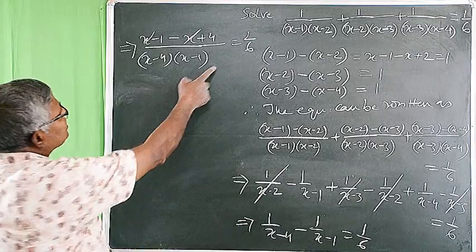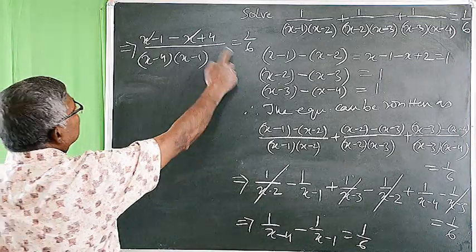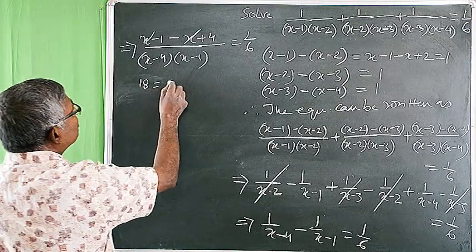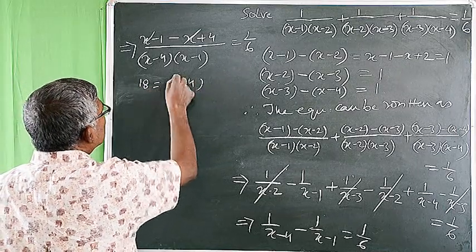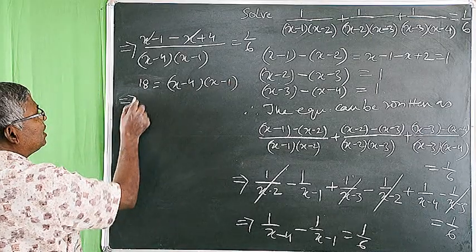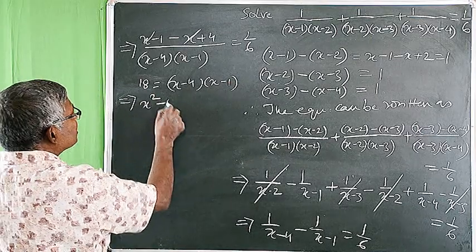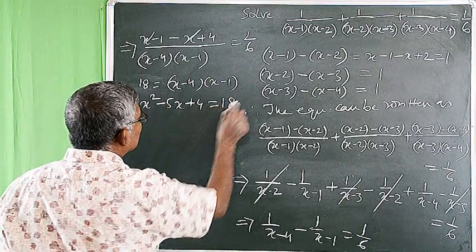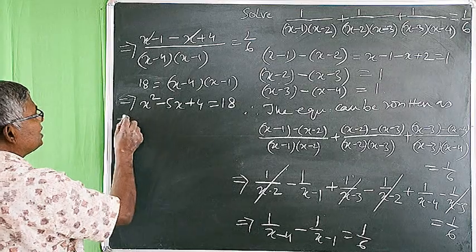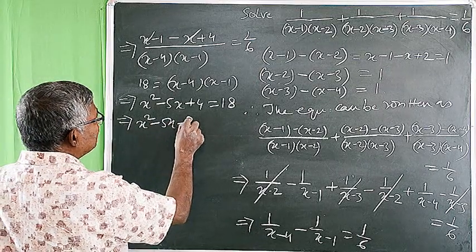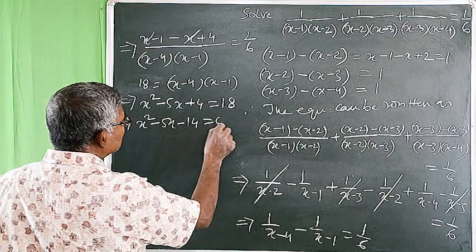By cross multiplication we get here 3 into 6, that is 18 = (x - 4)(x - 1). This implies that x² - 5x + 4 = 18. This implies that x² - 5x - 14 = 0.